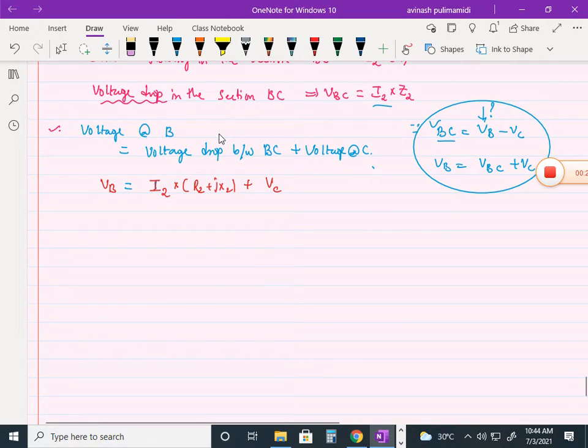Current in section AB: the AB voltage will be VAB equal to VA minus VB. Now what do we require to find here? VA. So VA is equal to VAB plus VB.